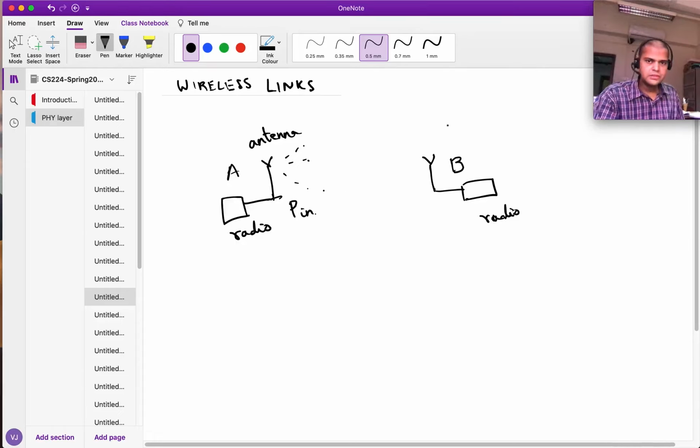So how much of this is going to be received over here? Let's say that P out is the power that is being received over here. A simple model is going to be like this.